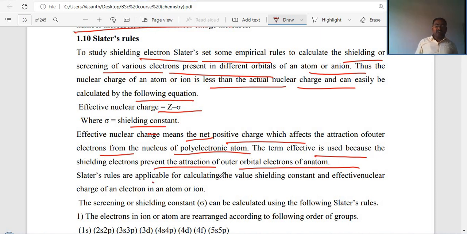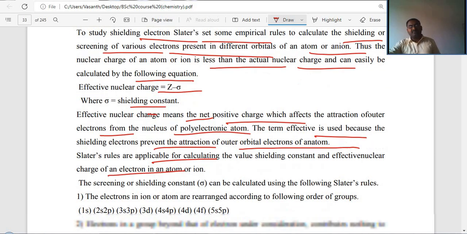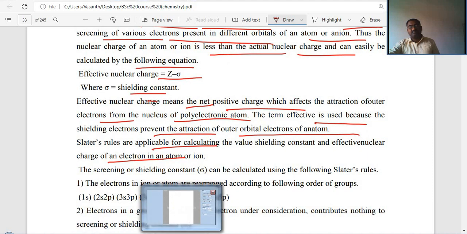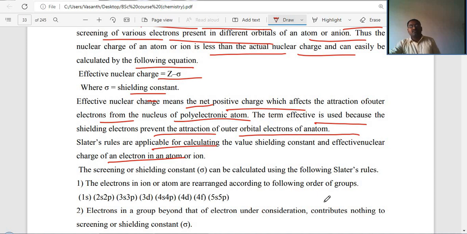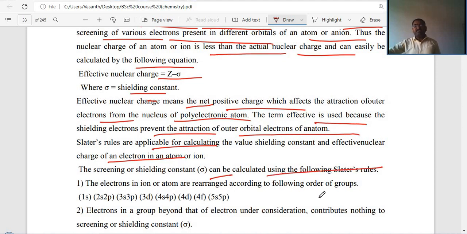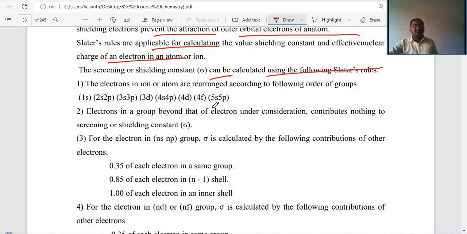The Slater rules are applicable for calculating the values of shielding constant and effective nuclear charge on an electron in an atom or ion. The screening effect or shielding constant is calculated with the help of Slater's rules.